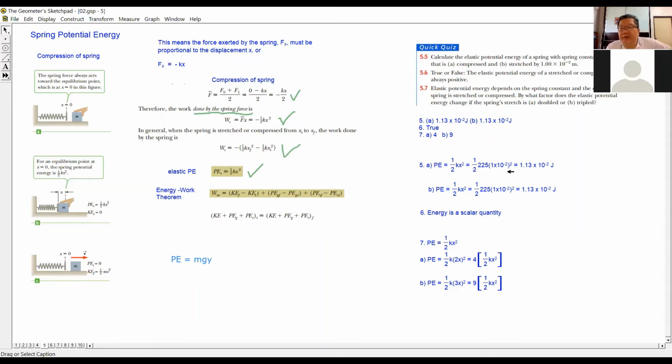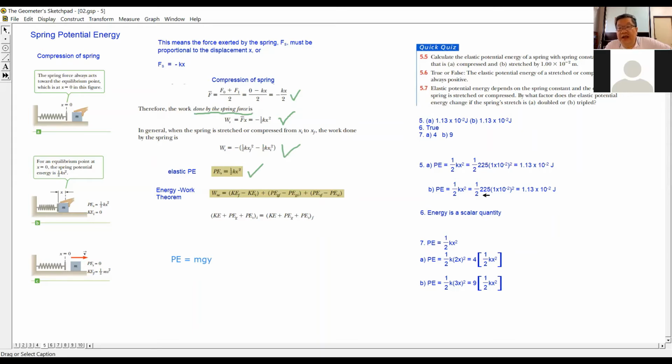In the second case, we are going to stretch the spring, and we are going to stretch it by the same distance. Earlier on we compressed, now we stretched. We still use the same formula, half kx squared.